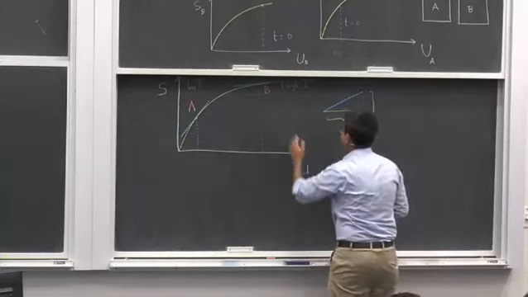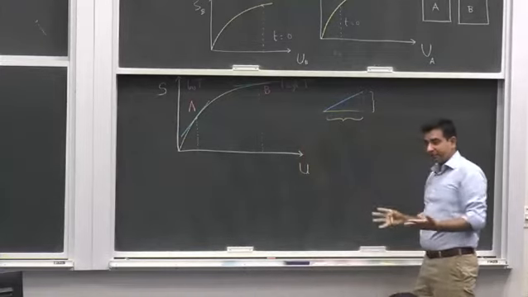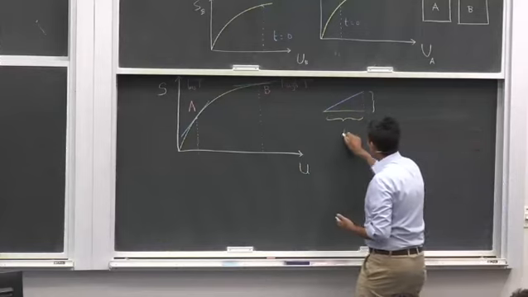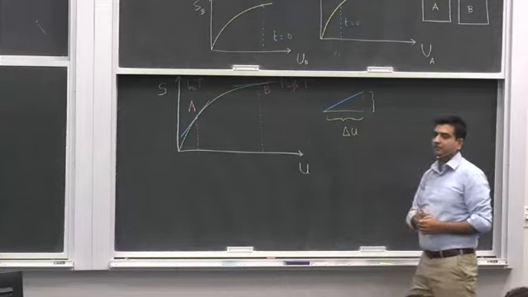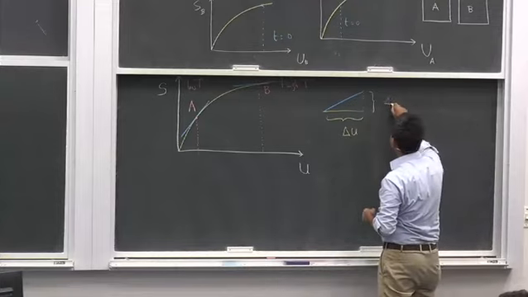Now on this graph, this axis represents energy. So this is some change in energy. This axis represents a change in entropy.